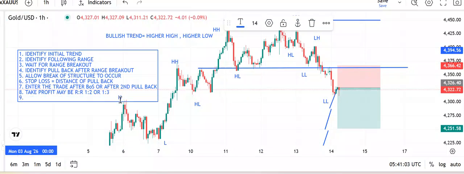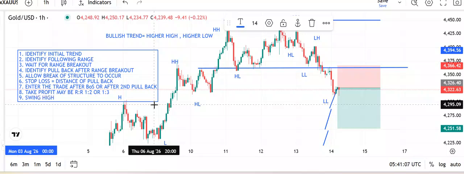Swing high or swing low equals after second candle formation.